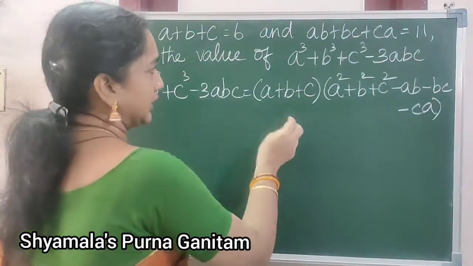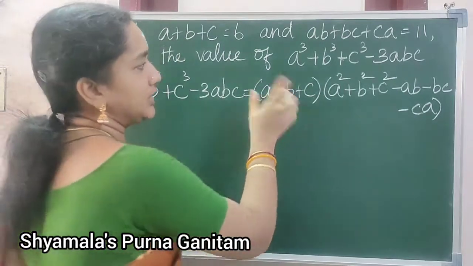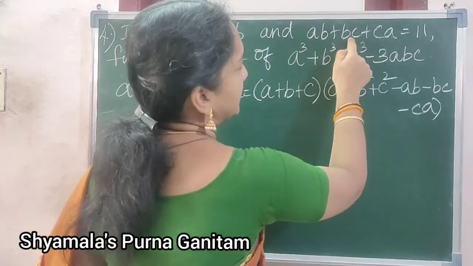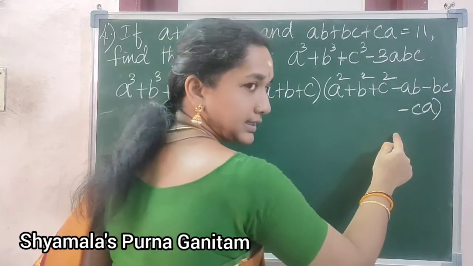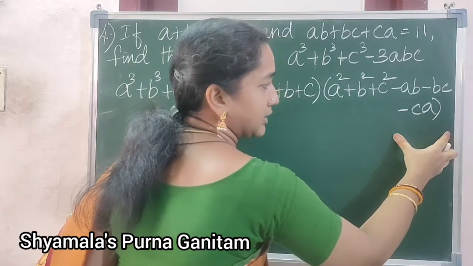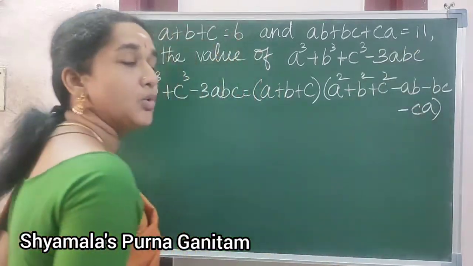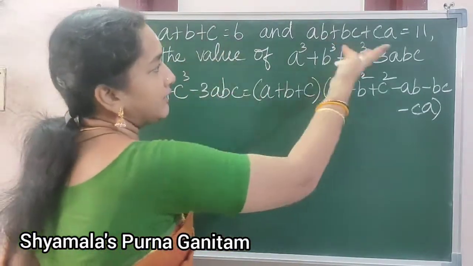For this, a plus b plus c value is given as 6 here, so that we will substitute. Then ab plus bc plus ca, if you take these three terms with minus common, you can substitute 11. What will you do for a squared, b squared, c squared? You don't have any value for that.